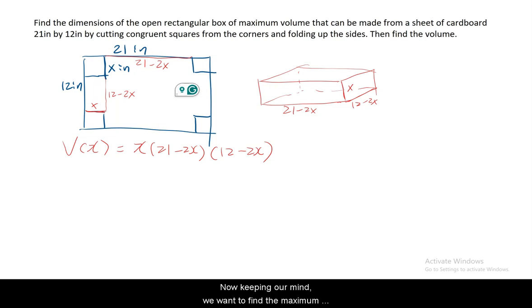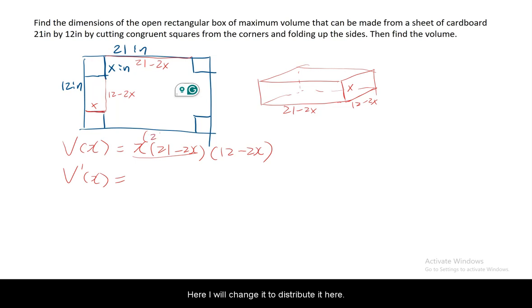All right. Now, keep in mind, we want to find the maximum volume, basically the absolute maximum, right? We want to find the critical value first, so we need to find the first derivative of function v. Here I will change it to distributed form. That's 21x minus 2x squared times 12 minus 2x.